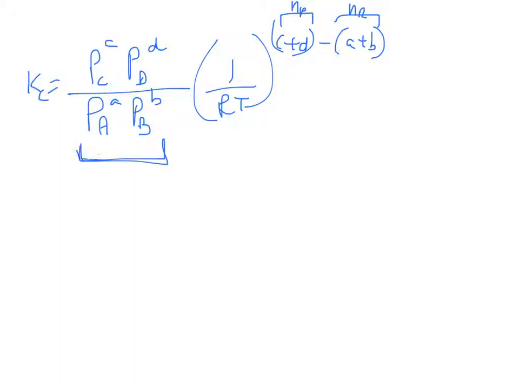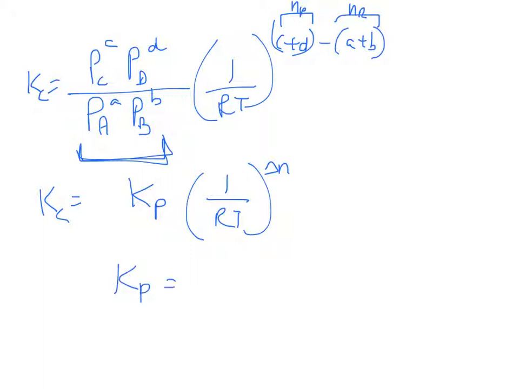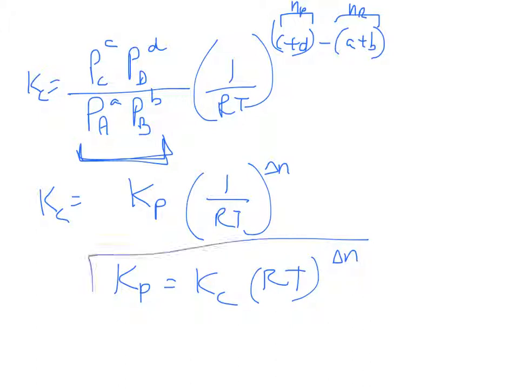So this part, the partial pressures, has been given a constant Kp, and this is 1 over RT raised to delta n, which is the change in number of moles, or one can say that Kp is equal to Kc times RT raised to the power of delta n, where delta n is the change in the number of moles, R is the gas constant 0.08206, T is the temperature in Kelvin, and Kc is your equilibrium constant.